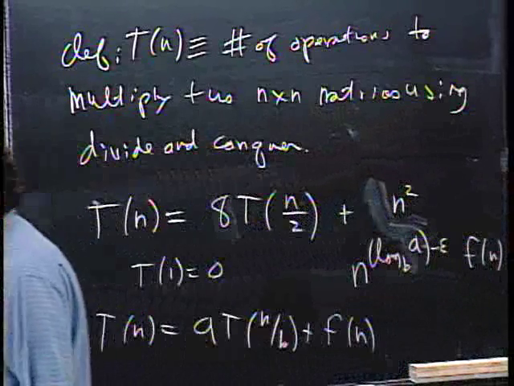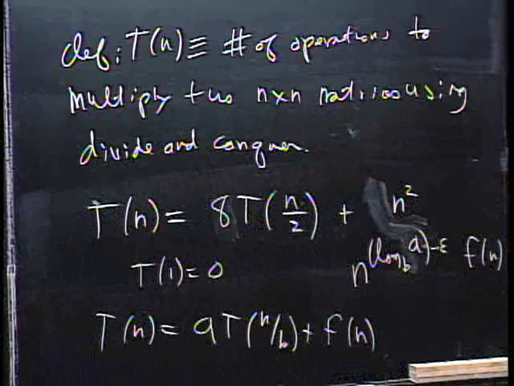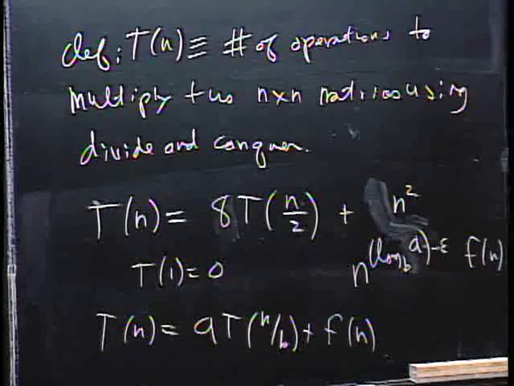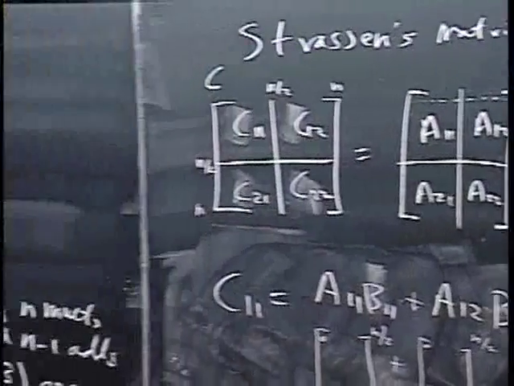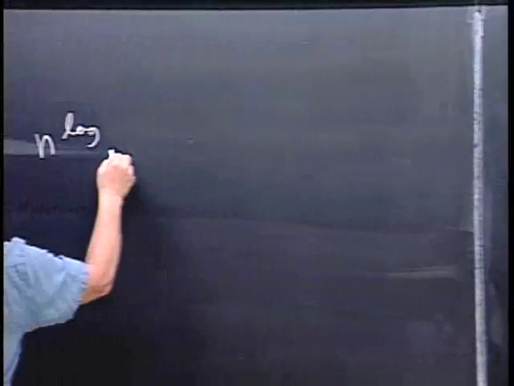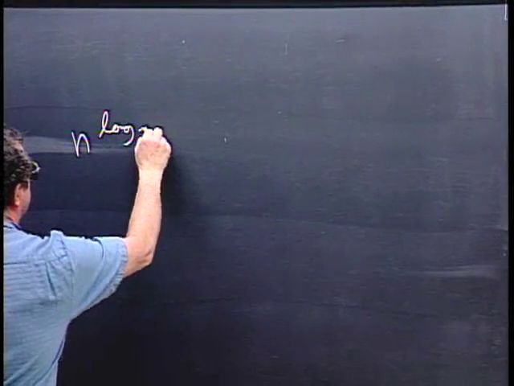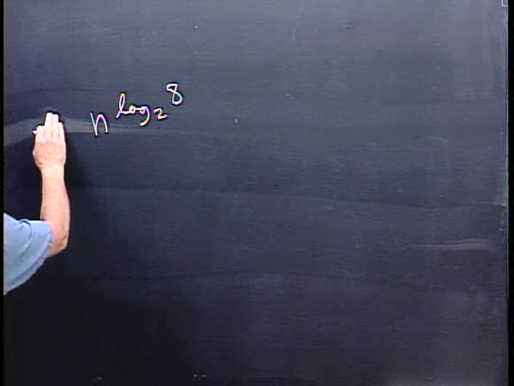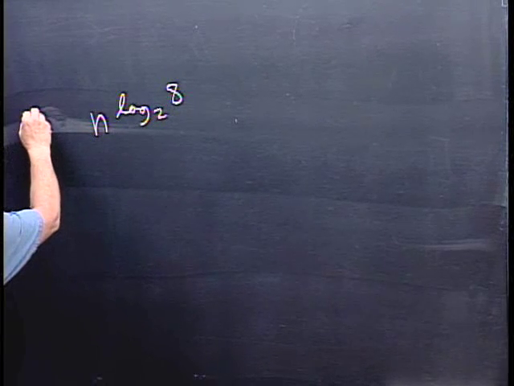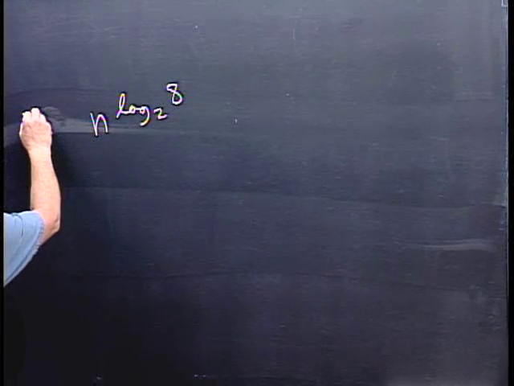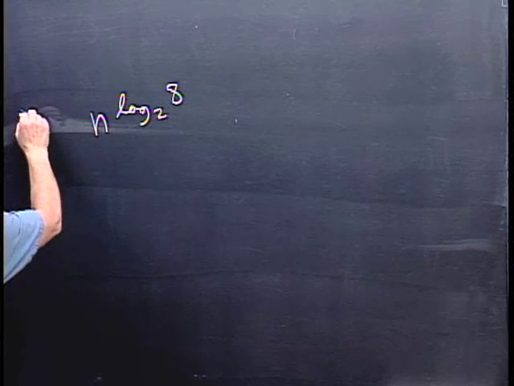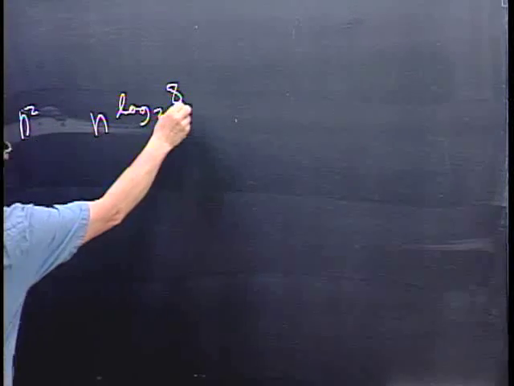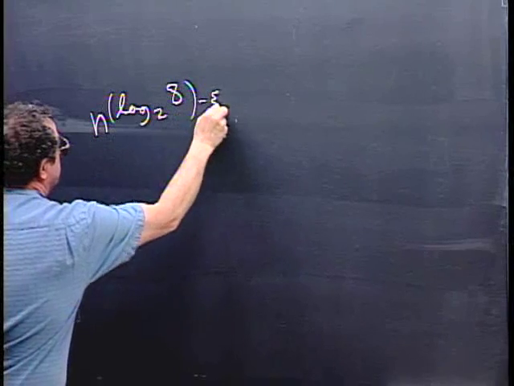We have n to the log base 2 of 8, as opposed to f of n, which is n squared, and this is minus epsilon.